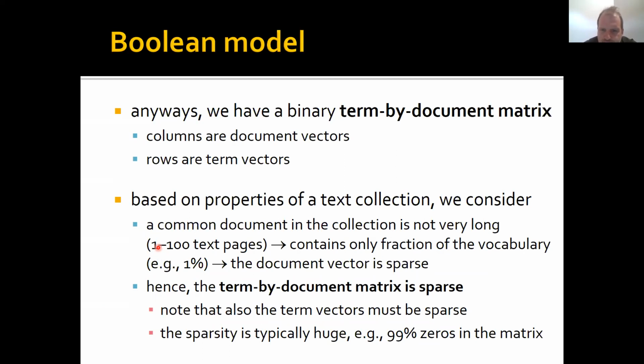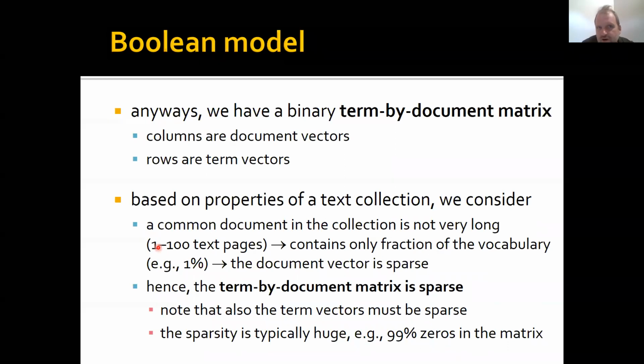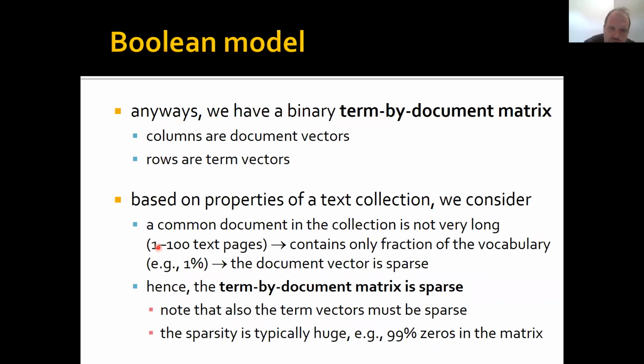And if you can imagine, every normal text document probably does not include a very large portion of the whole vocabulary of the language, right? So if I write a short article, 200 words, it can mostly consist of 200 words, but it will probably be less than that number, because some words will be repeating and so on.